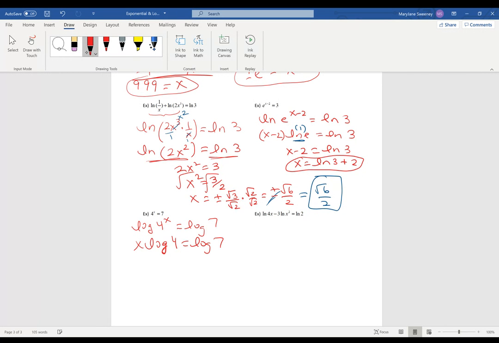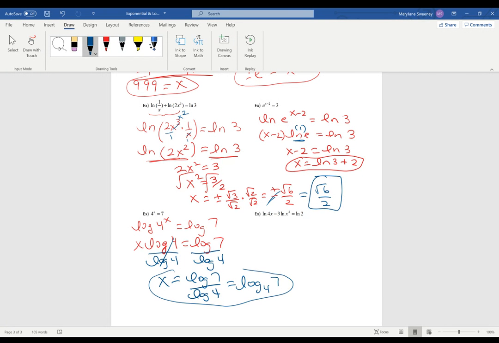And then I'm going to solve for x by dividing by log 4. Log 7 over log 4. Or if you remember from last year, change of base formula says that that's equivalent to log base 4 of 7. So either one is fine.